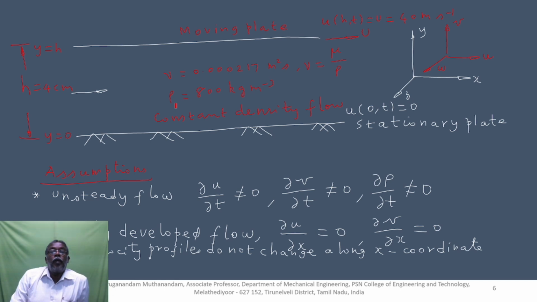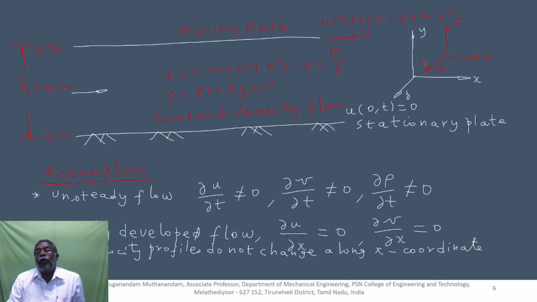The density of the fluid is also given, which is 800 kg per meter cube. It is a constant density flow, since rho is given equal to 800 kg per meter cube, which says that density is constant everywhere inside the domain.